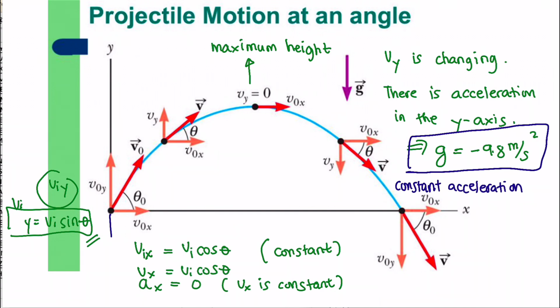There's also acceleration at any point in the projectile's motion. It would always experience this downward acceleration of negative 9.8 meters per second squared. So this acceleration is constant.